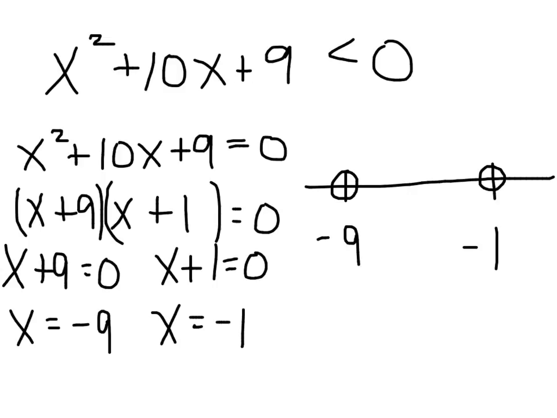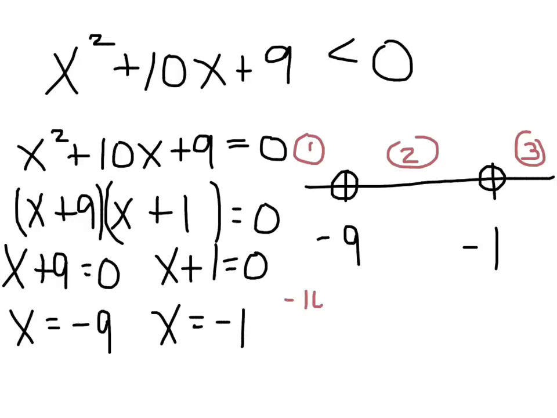One of the ways that I like to do it is I like to use what I call a test method or test point method. What this happened to do is you broke it into 3 different areas or zones. And all I'm going to do is I'm going to plug numbers from each of those zones into the original problem and see which one's true and which one's false. True statements I shade, false statements I don't. So what's the number left of negative 9?